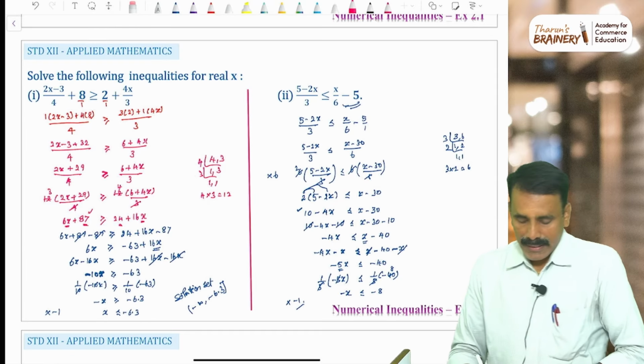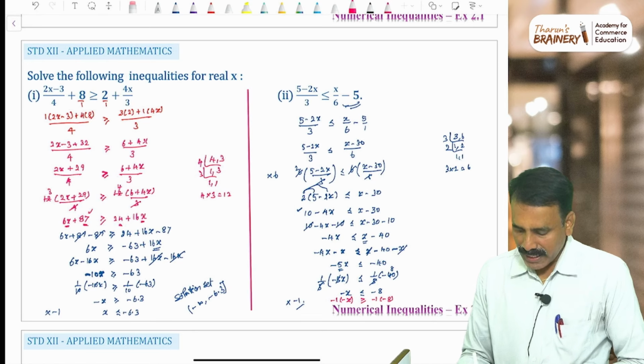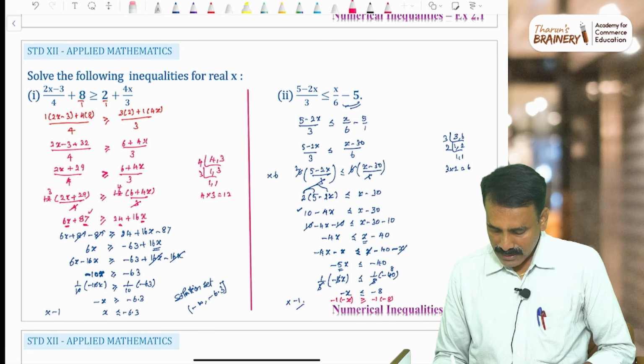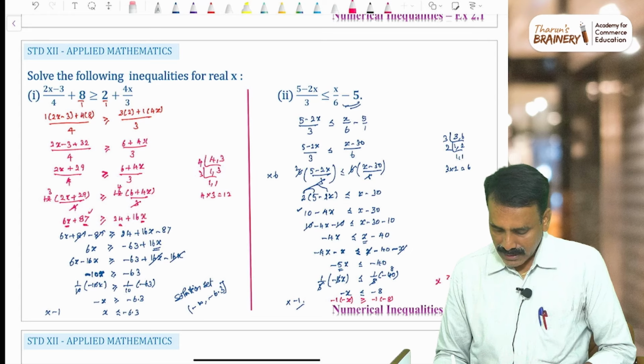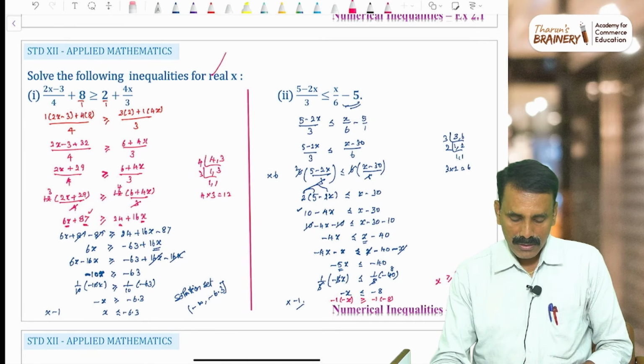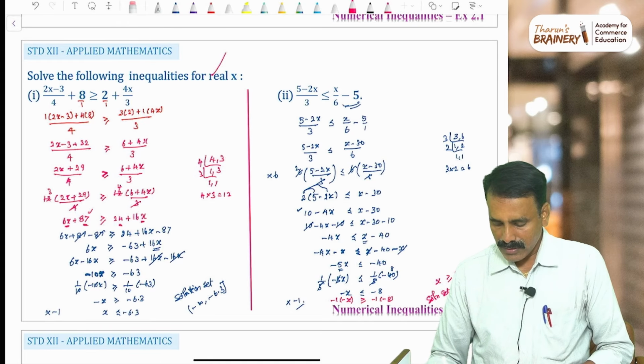When we multiply with minus 1, this less than or equal to changes to greater than or equal to, and then minus 1 into minus 8. We have to be very careful when we multiply with the negative symbol. So minus into minus is plus, plus x greater than or equal to minus into minus is plus again 8. So x is greater than or equal to 8. In real number solution, the solution set will be 8 to infinity. So this is the final answer.